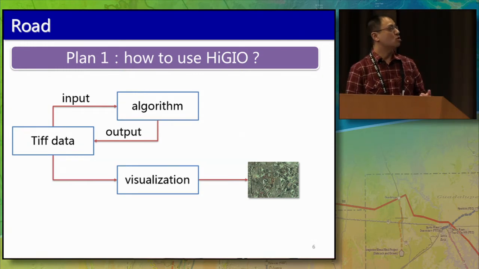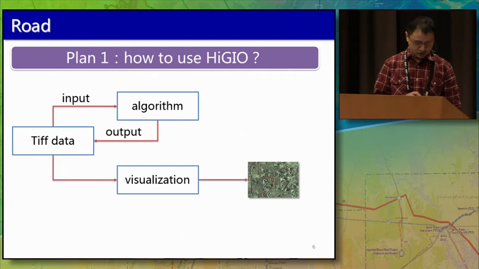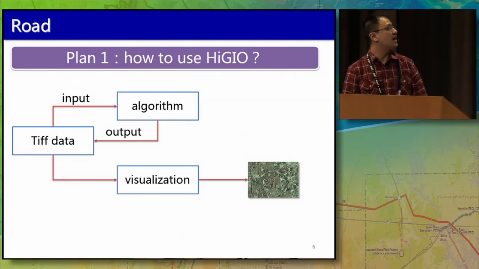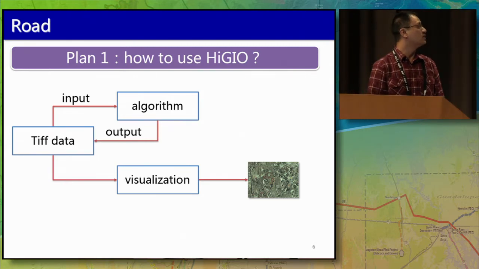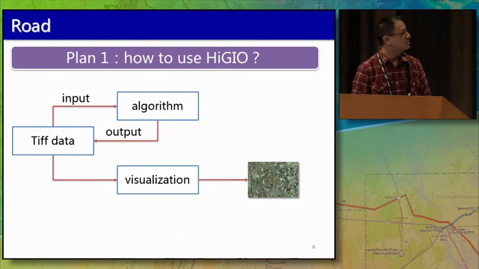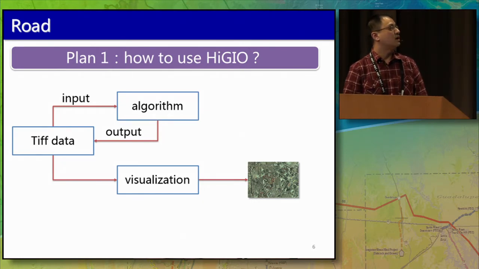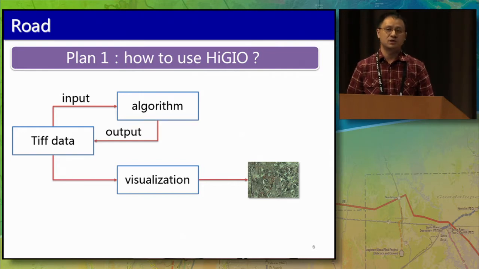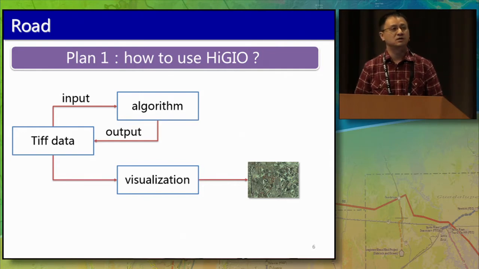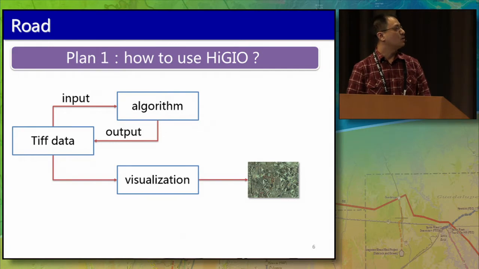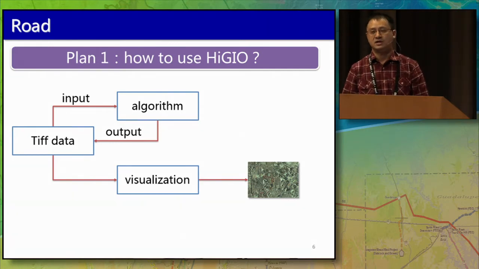These algorithms use HiGeo to read TIFF data and write TIFF data. And our visualization engine, which is implemented based on MapNIK, can render the result data directly. But this HiGeo version is not parallel.